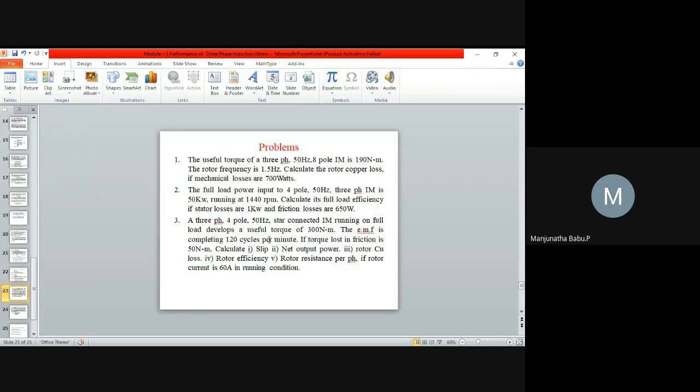Are you getting N equal to 1440? Yes, sir. Okay, now you know the actual speed of the rotor. So now find the output power. Output power is equal to TSH into 2 pi N by 60.